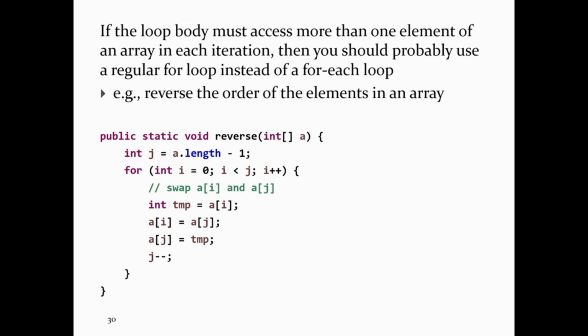As soon as i and j cross, so as soon as j becomes an index in the front half and i becomes an index in the back half, you want to stop. If you don't stop, you switch the first and the last, and the second and second last, and when you get to the middle, you're going to switch all your elements again. So what you end up doing is putting the array back into its original order. So here the loop termination condition is, as long as i is less than j, the loop should run.